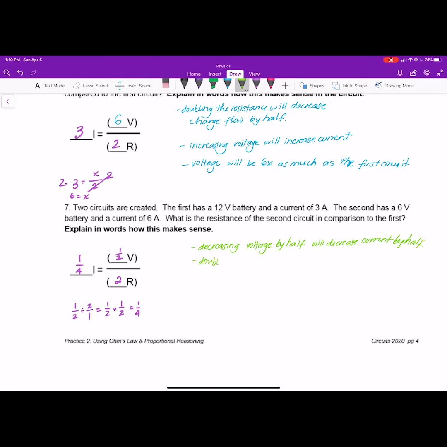Doubling resistance will actually decrease current by half. So we have a 1/2 decrease from the voltage times another half decrease from the resistance, so that's going to give us a 1/4 decrease altogether.